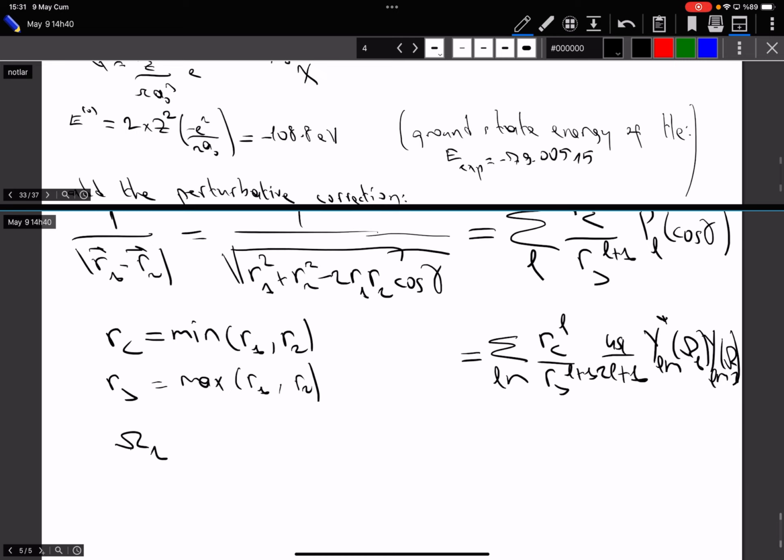Omega 1 is theta 1 phi 1, the angular coordinates of R1. Omega 2 is theta 2 phi 2, the angular coordinates of the other one.